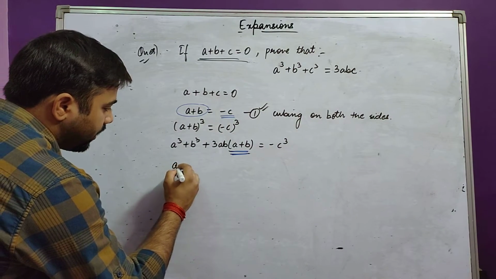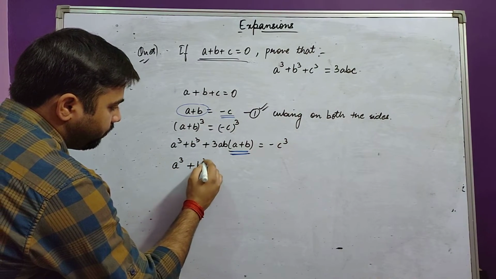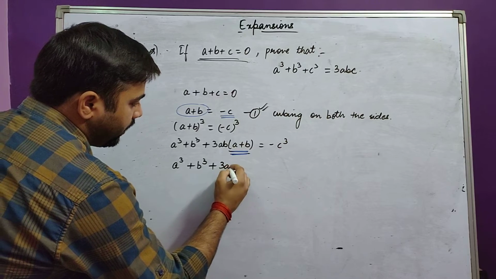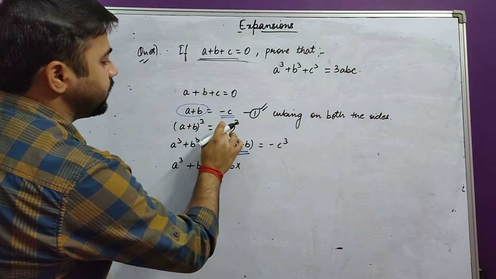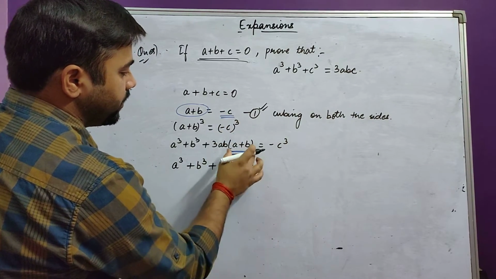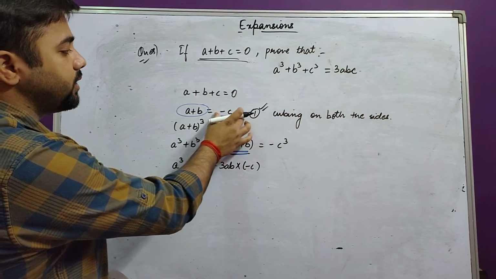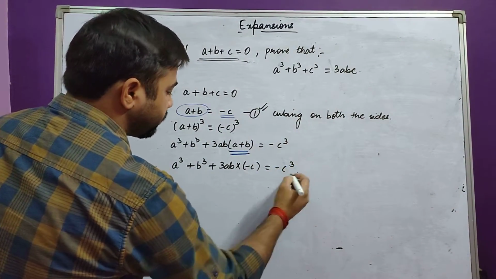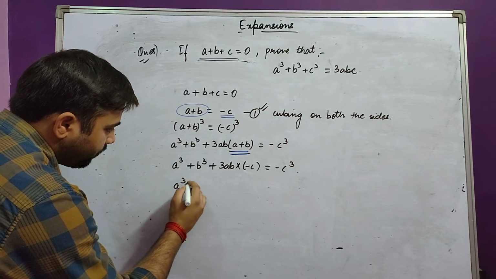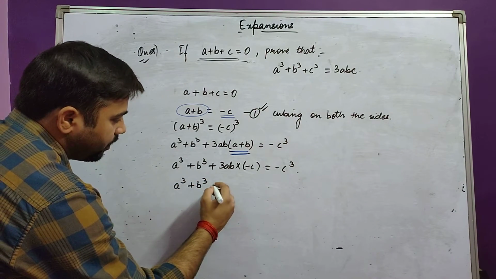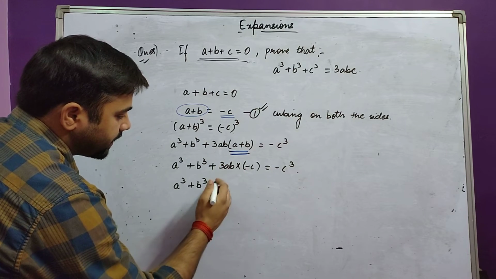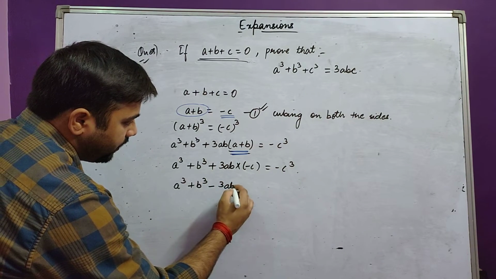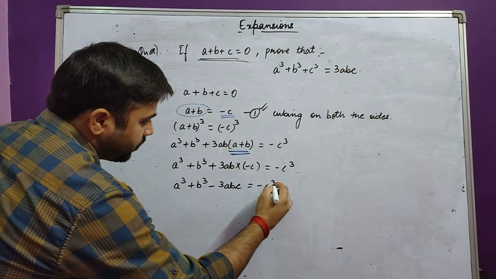It becomes a cube plus b cube plus 3ab into minus c, in place of a plus b we have substituted the value as minus c, is equal to minus c cube. A cube plus b cube, plus minus is minus, minus 3abc is equal to minus c cube.